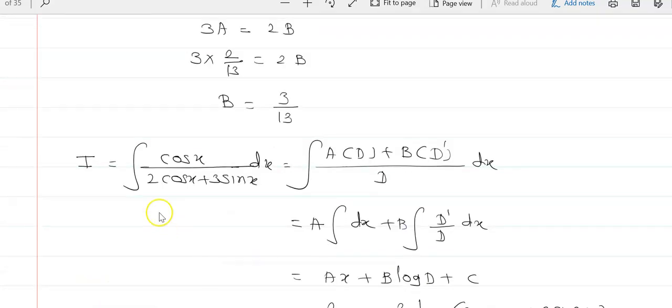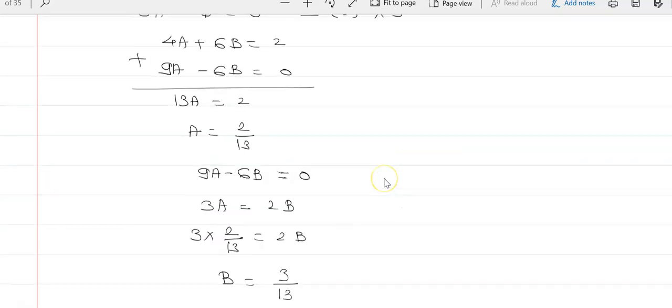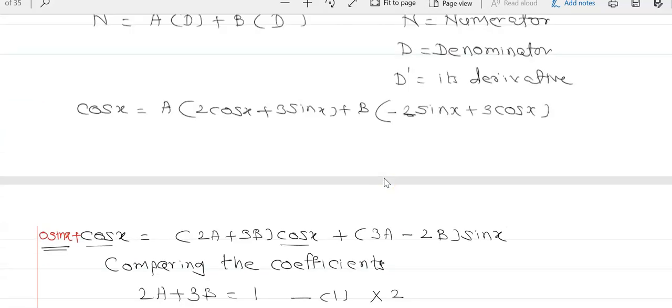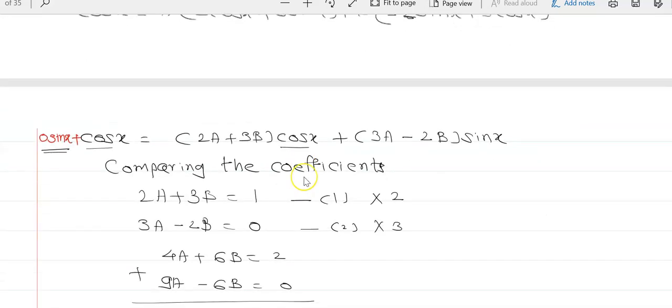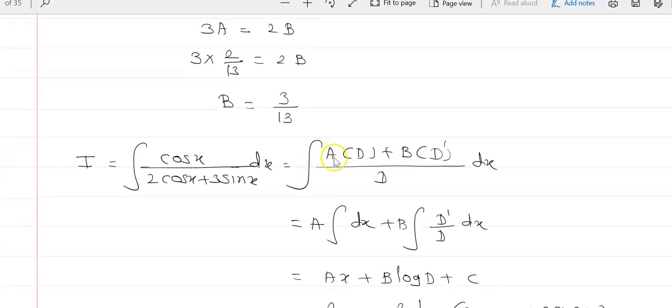Therefore I is equals to integral cos x upon 2 cos x plus 3 sin x. This is the numerator. We have expressed the numerator in this form, that is the numerator is equals to a into denominator plus b into derivative of the denominator. Therefore the numerator is a into D plus b into D dash upon D. Separate it. D upon D is 1, so a into integral of dx plus b into integral of D dash upon D dx.